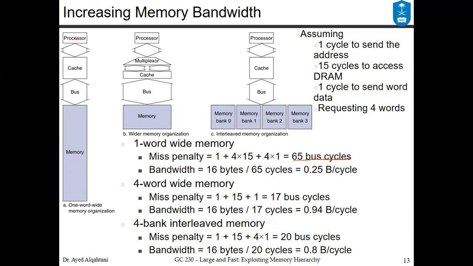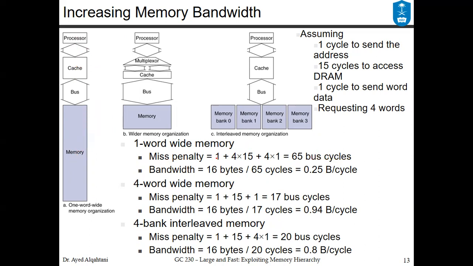So basically the processor will work with the cache. If it's a hit, good, no worries. But in case it's a miss, now you have the miss penalty, and you have to go to the memory. First, send the address, and then access the DRAM locations, and then get them back.